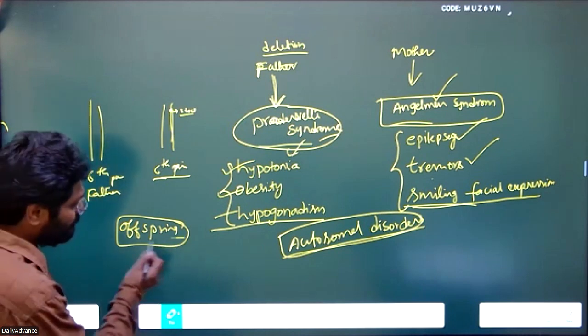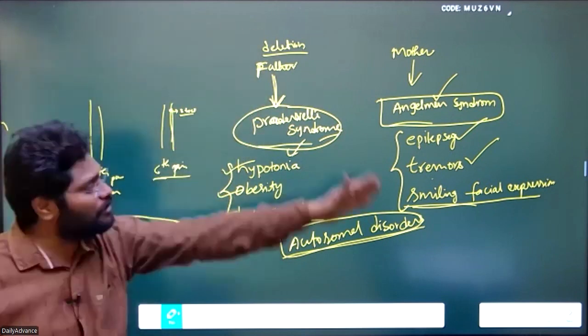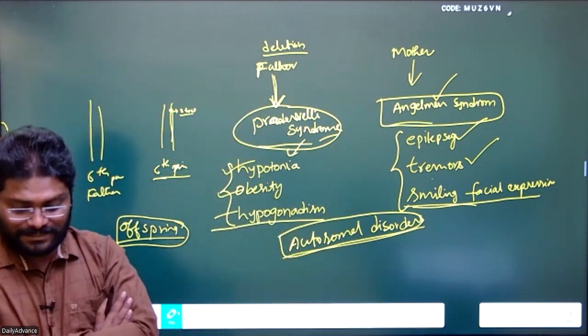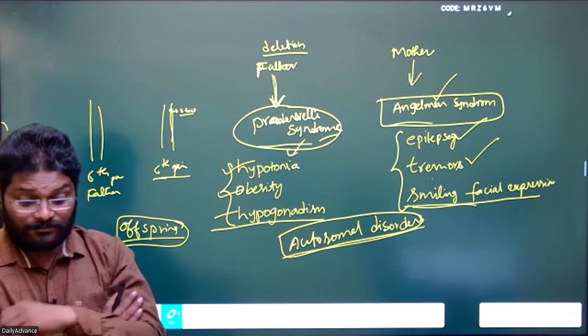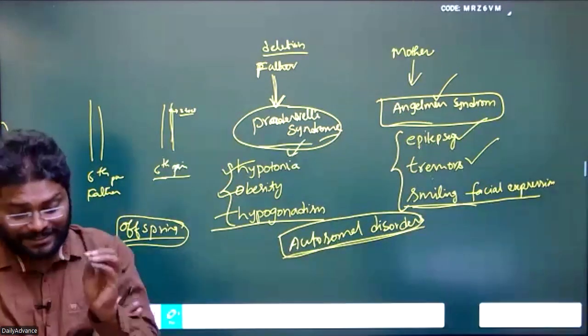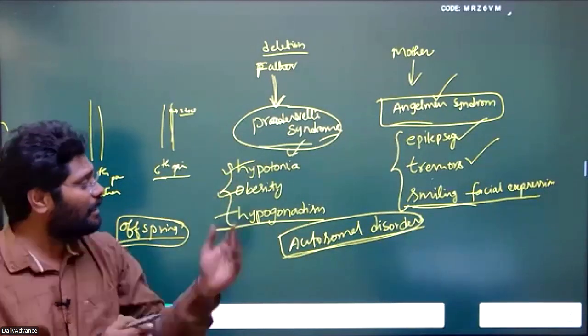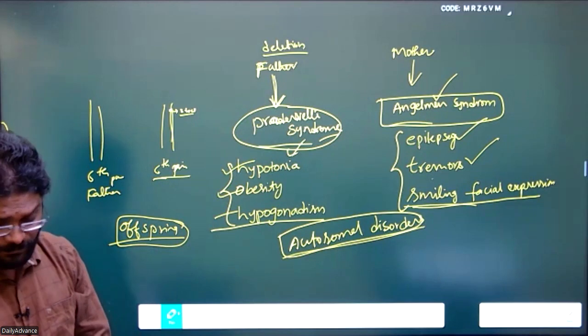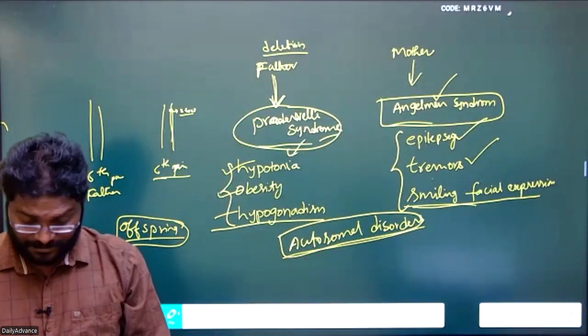These are also autosomal disorders, with varied symptoms in each. By these symptoms, if a person is experiencing epilepsy, tremors, and a smiling facial expression, we can confirm the deleted chromosome was received from the mother. If a person has hypotonia, obesity, hypogonadism, the symptoms are received from the father.